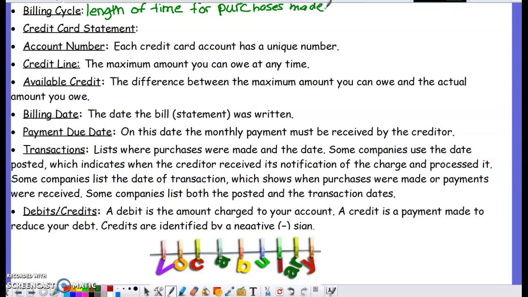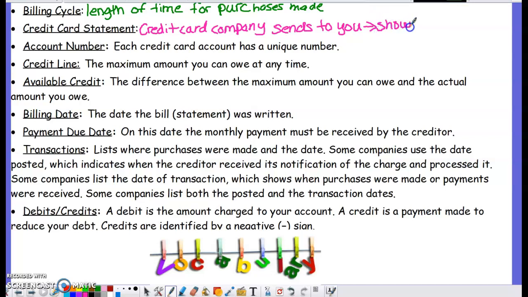The next one is a credit card statement. This is what the credit card company sends to you monthly, usually. So we'll say credit card company send it to you, and it shows your monthly records.